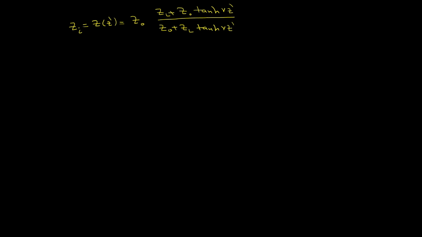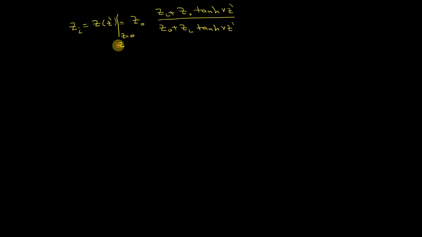Now we have written it for this input impedance. When it is called an input impedance, we have written it for z is equal to 0.